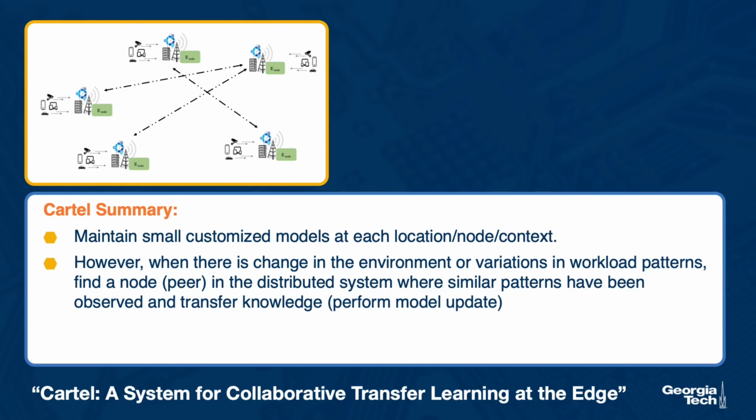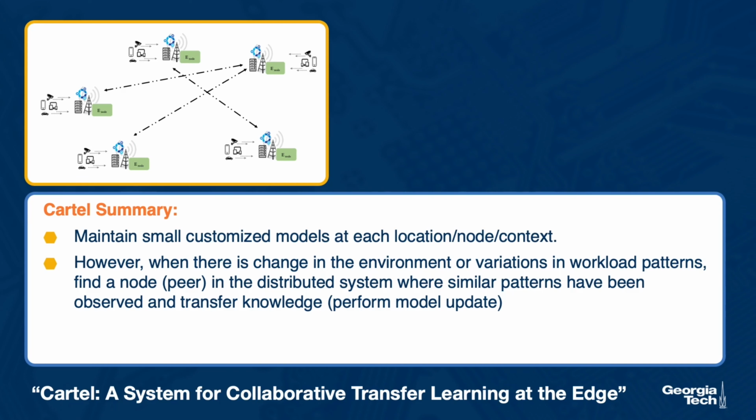Cartel has a different goal than these other systems. Its goal is to allow each node to benefit from small customized models. However, when there is a change in the environment or some variations in the workload pattern, Cartel makes it possible for the system to find another node in the distributed system where similar types of patterns have been observed before, and then to transfer knowledge from those locations.